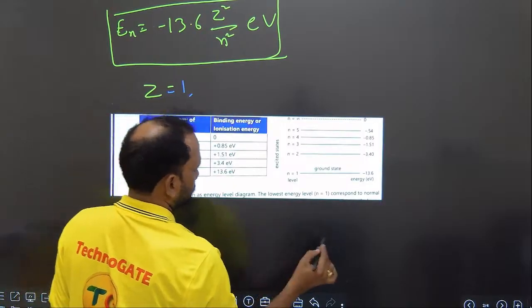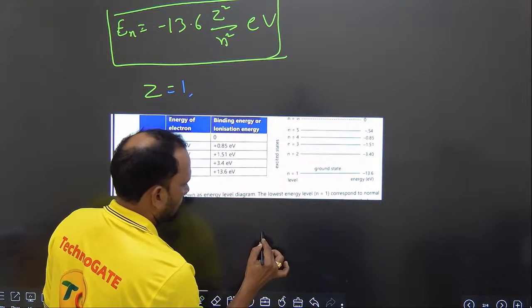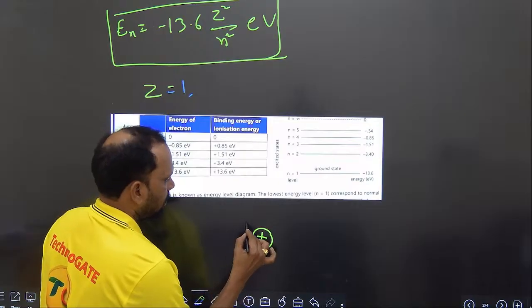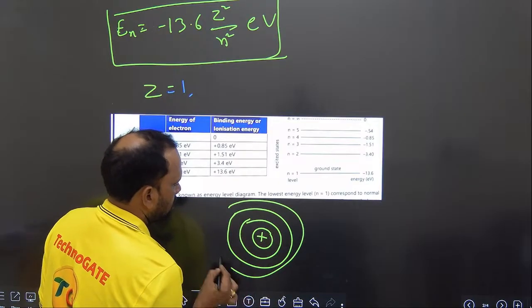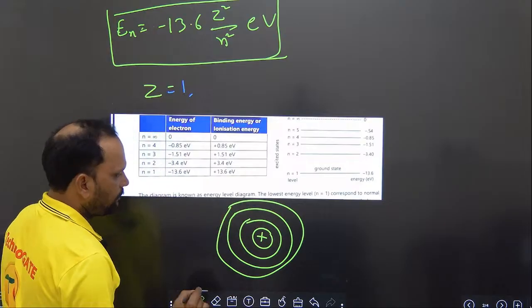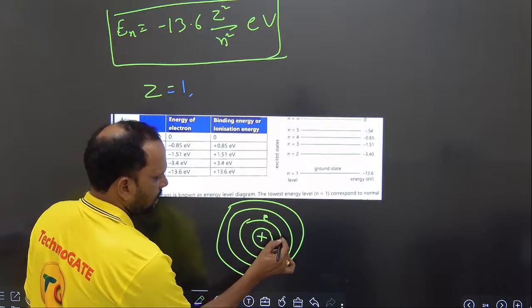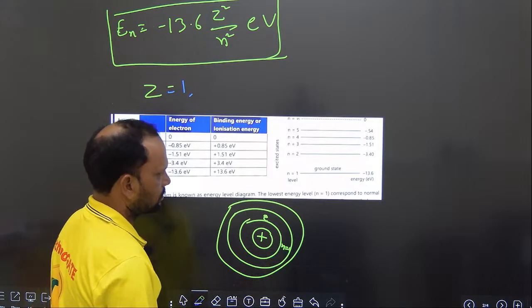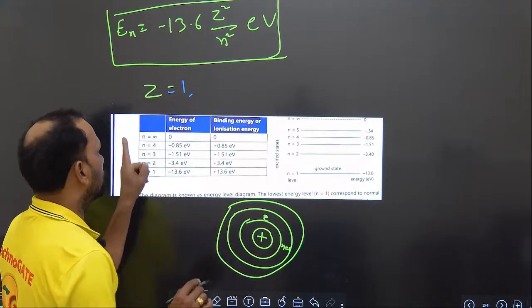Right. Now, here I have taken this hydrogen atom, the nucleus of the hydrogen atom, and electrons are revolving. If the electron is in the first orbit, then N is equal to how much? 1. N is equal to 1. If the electron is in the first orbit, then what is the energy?